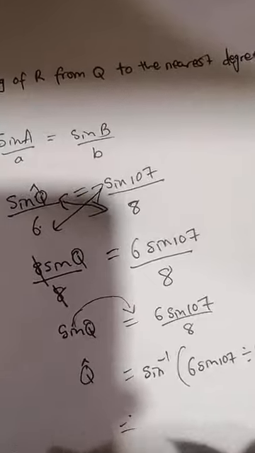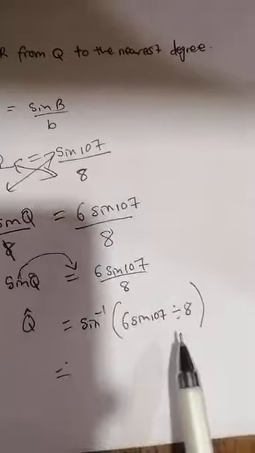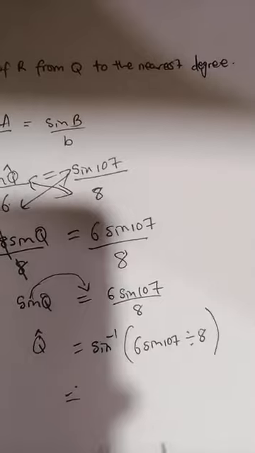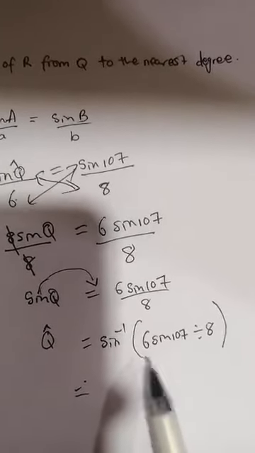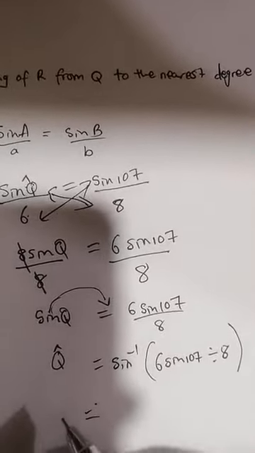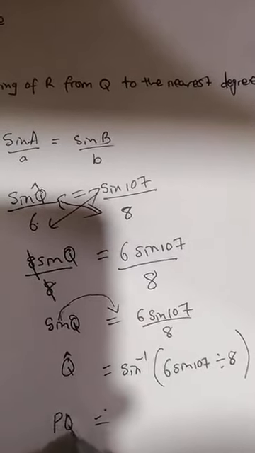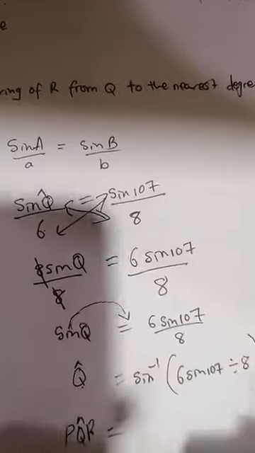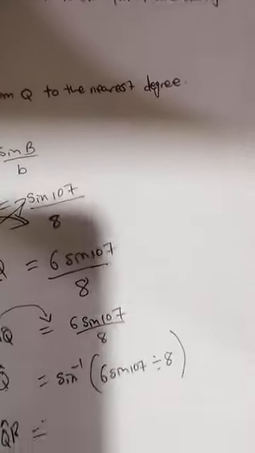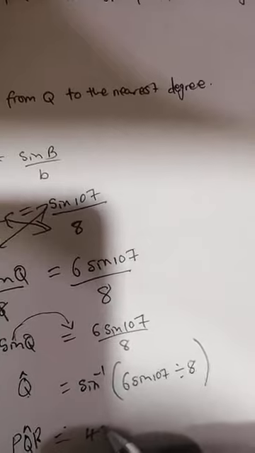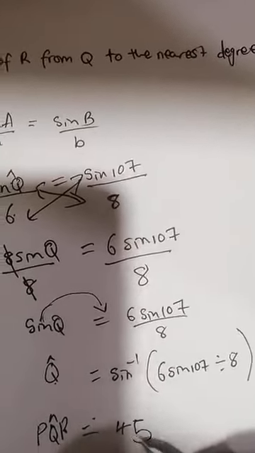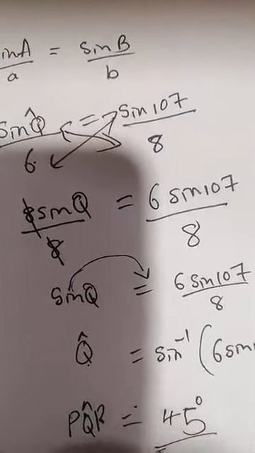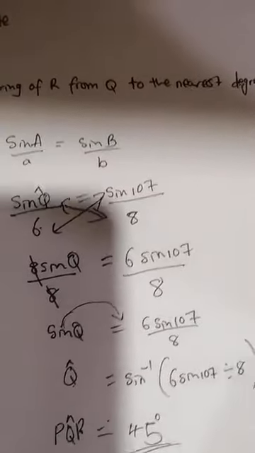Because most of the calculators do not punch fractions, so you can do it this way. So sine inverse of that number, you get the angle PQR, or angle Q, which is equal to, so let's punch this on your calculator. This will be 44.8, or 45 degrees to the nearest whole number.